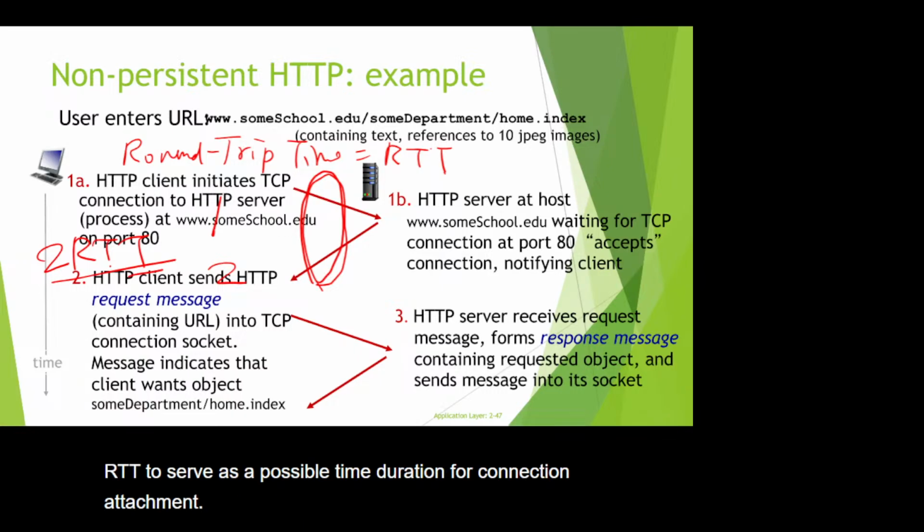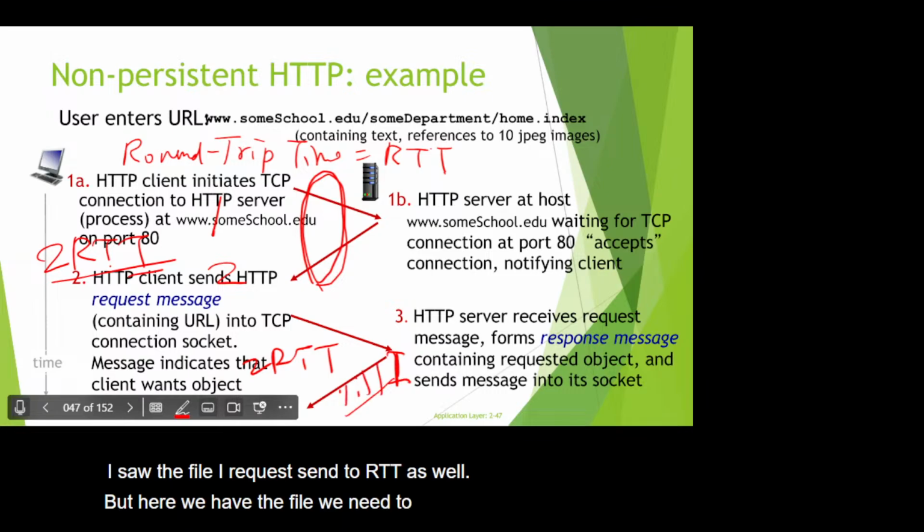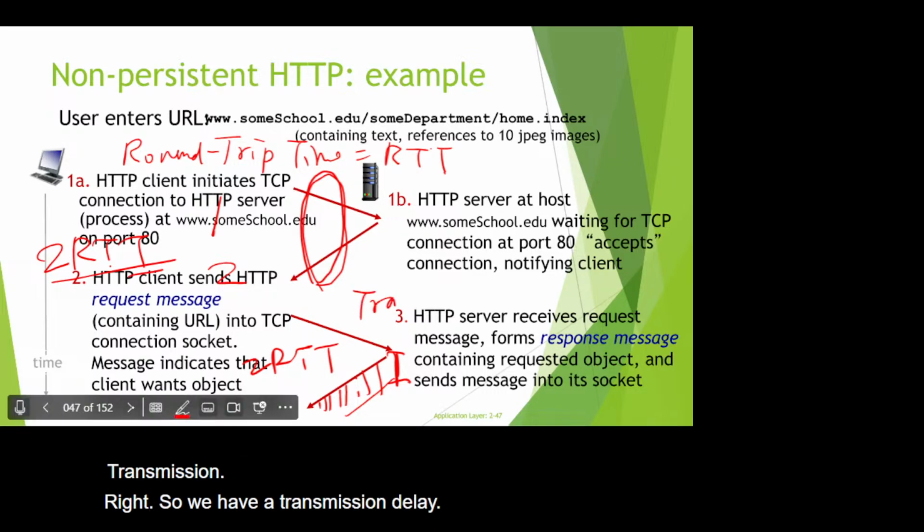As for the file, I request it, same 1 RTT as well. But here we have the file, so we need the transmission. So we have a transmission delay here.